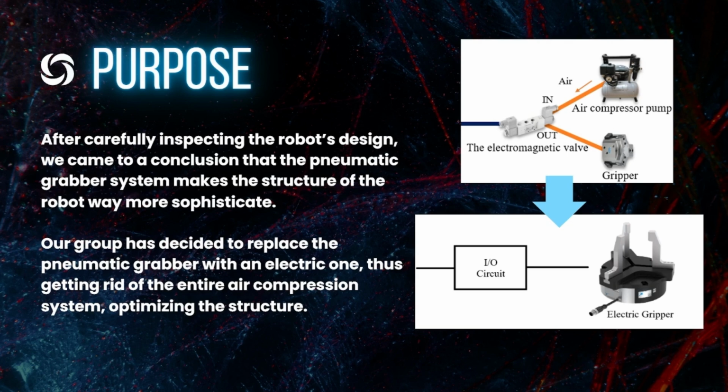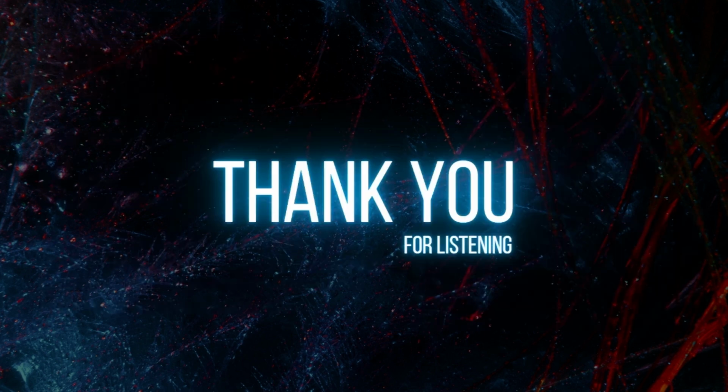So we decided that maybe we can change the pneumatic gripper for an electric one, thus getting rid of the pneumatic system and simplifying the structure. There you can see the old part of the chart and the new one. That's our project, and that's what we are proposing. Just brief and short.